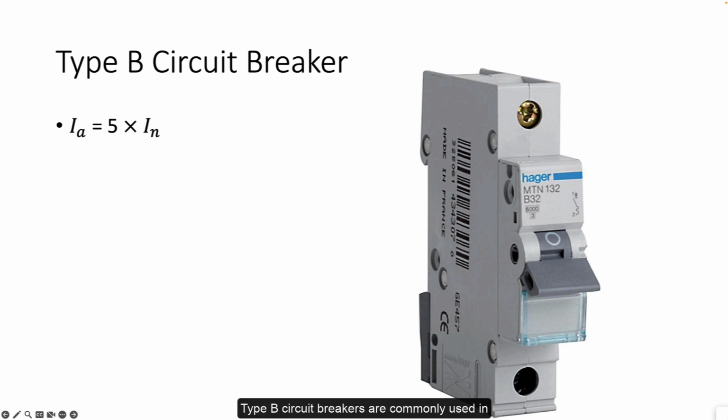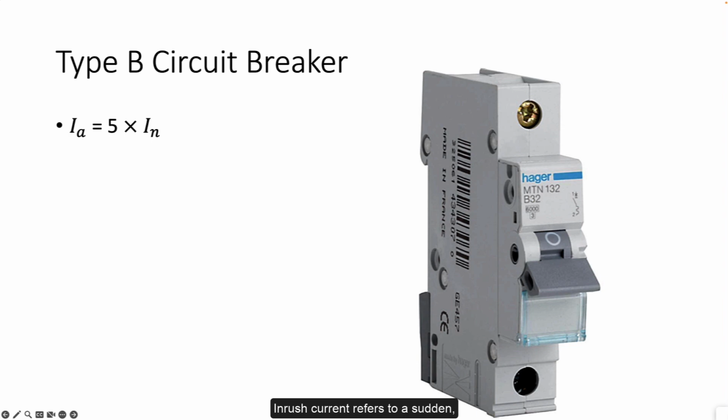Type B circuit breakers are commonly used in domestic circuits and commercial applications where there is typically no significant inrush current to cause the circuit breaker to trip.